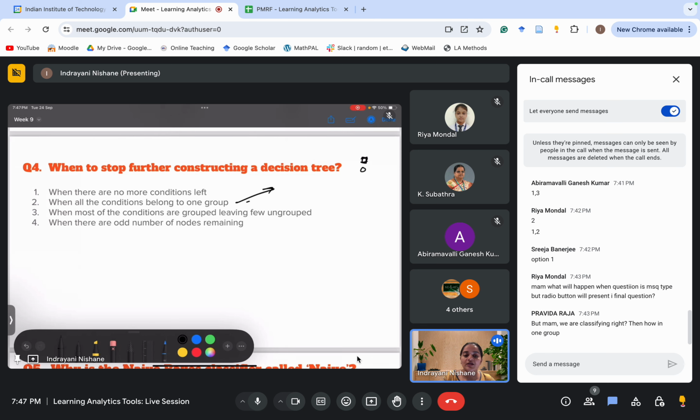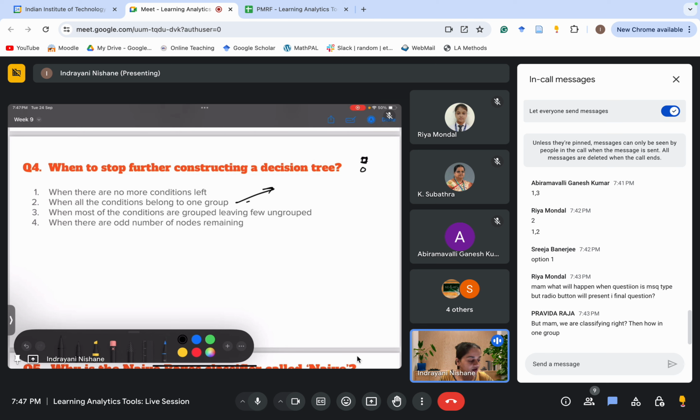If there are supposed to be 10 conditions for score, like greater than 90, then if it is greater than 90, it will be again subdivided between 81 to 90 and less than 80. Then that less than 80 tree will again be subdivided between 71 to 80 and less than 70. So that is how we are considering one umbrella condition of greater than or less than 90, and there will be subdivisions of that.